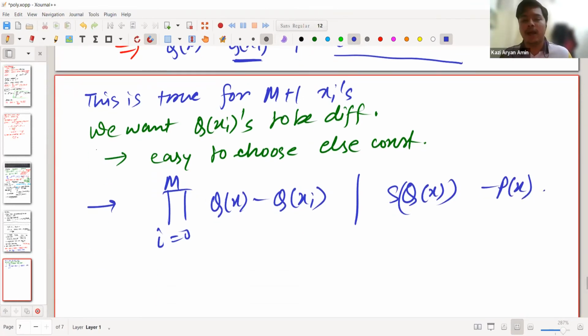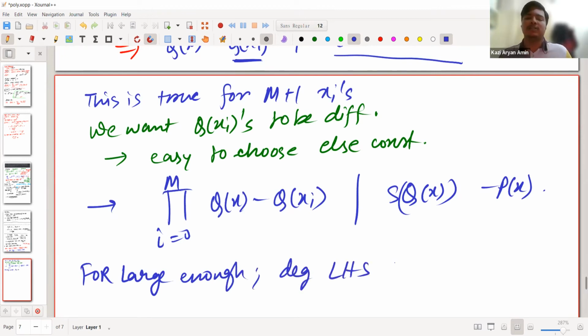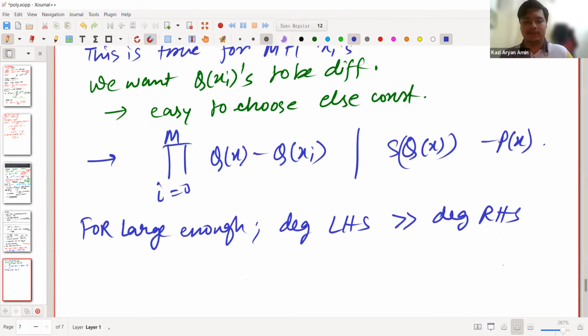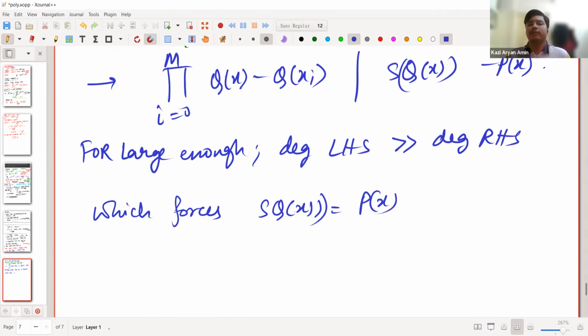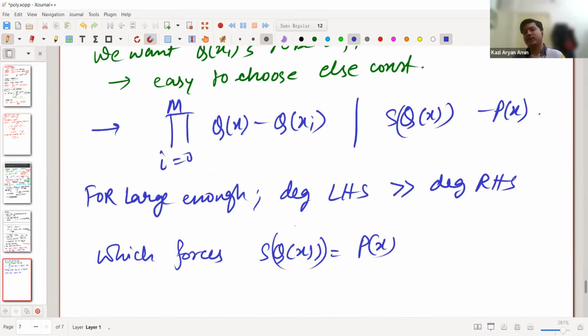But as I said, eventually, for large enough m, the degree of the LHS is greater than the degree of the RHS, which forces s of q of x equals p of x. So does the solution for this problem make sense? That is the solution. This is basically exploiting the divisibility condition repeatedly.